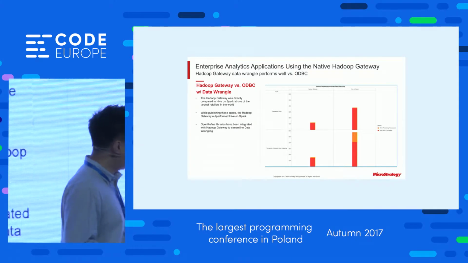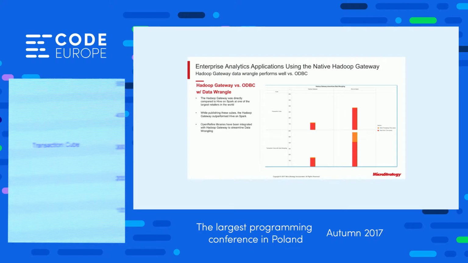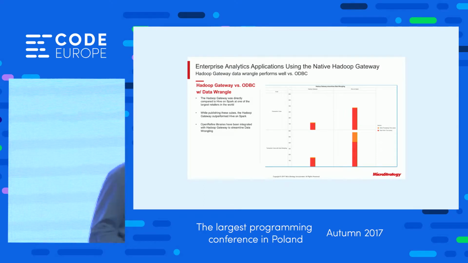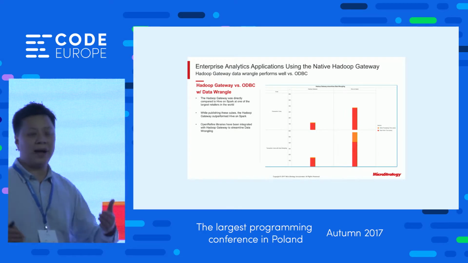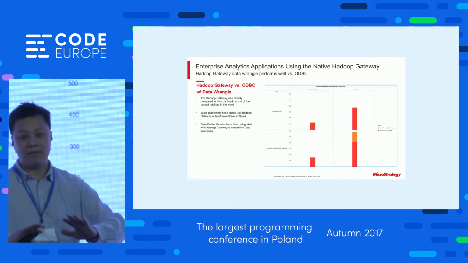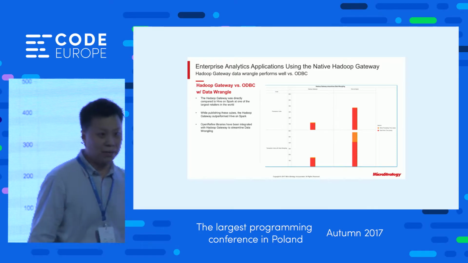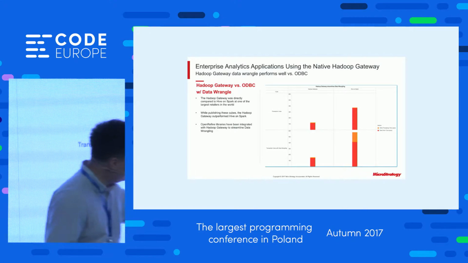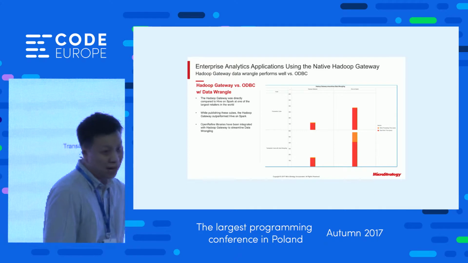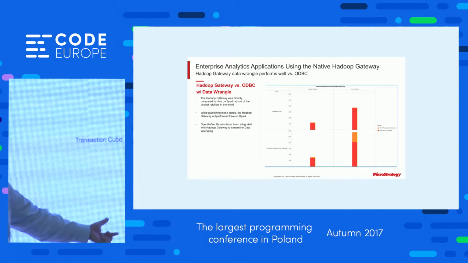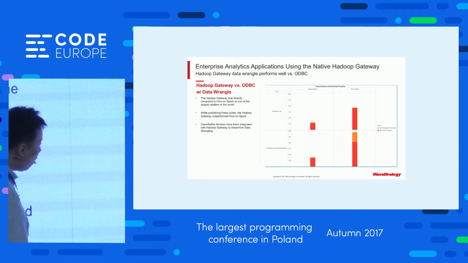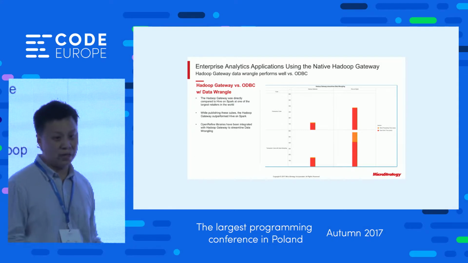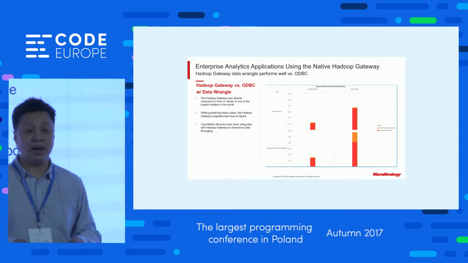For the JDBC and ODBC drivers for Hive, a lot of time is used for data wrangler operations, because all the raw data comes back from the Hadoop system and then we do the data wrangler operations in the MicroStrategy server. But here you see very little time spent on data wrangling. Why? Because all the data wrangling operations are pushed down to our Hadoop Gateway.